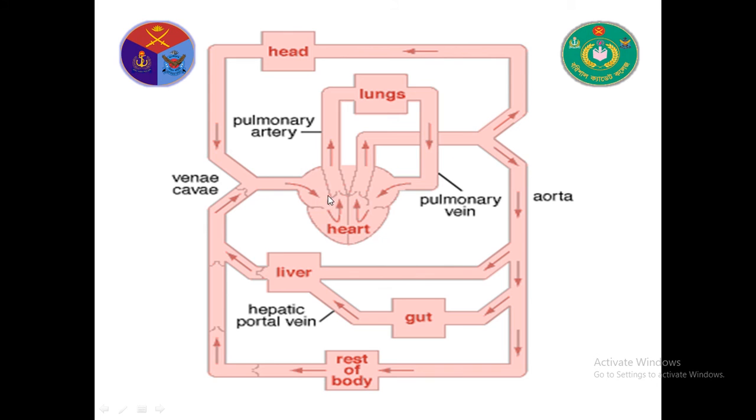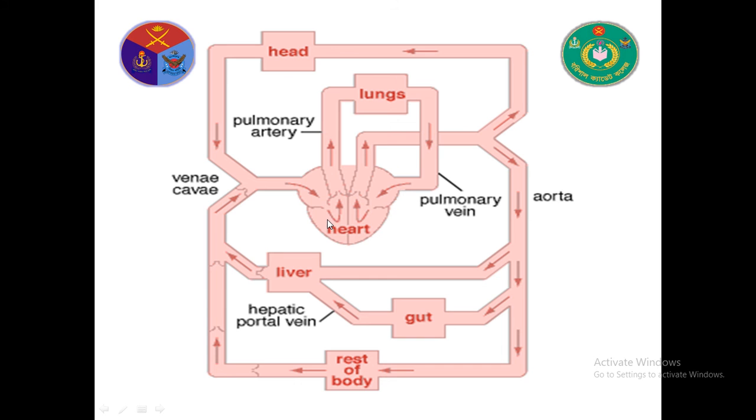Then the right atrium is filled up with carbon dioxide in this blood, and then it goes to right ventricle. Again, oxygenated blood goes to left atrium through pulmonary vein, and then this blood goes to left ventricle.